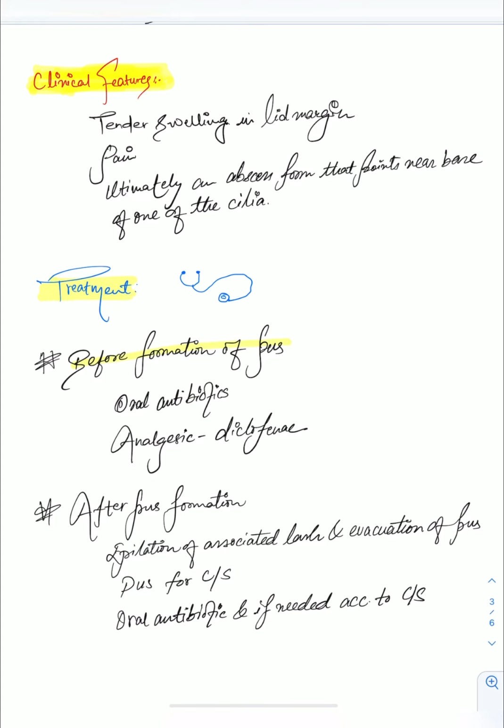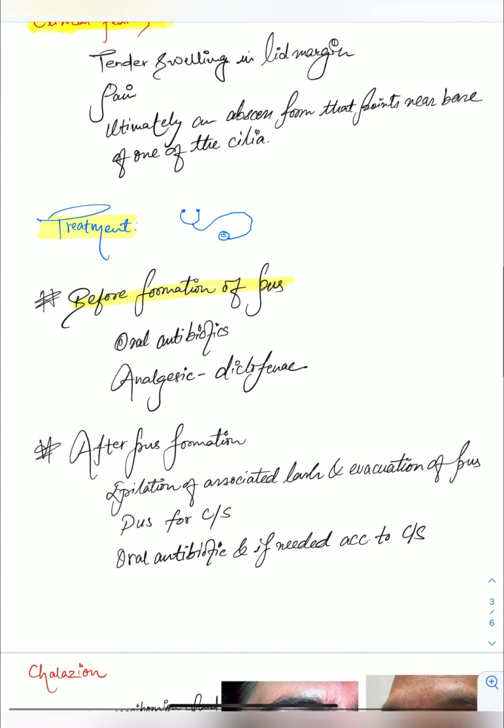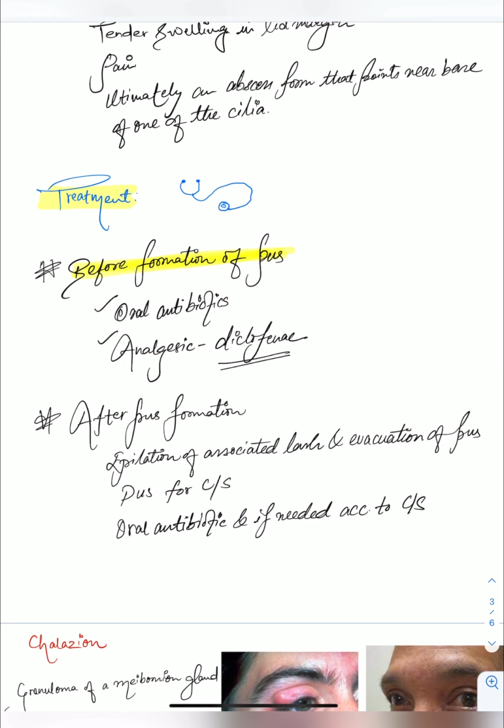Treatment you can simply categorize into two. The first is before the formation of pus. If someone comes to you with a red bump in the eyelash margin, at the base of the eyelash or lid margin, you can simply give him oral antibiotics and an analgesic to reduce his pain. As an analgesic, you can give him diclofenac twice daily or once daily according to the pain.